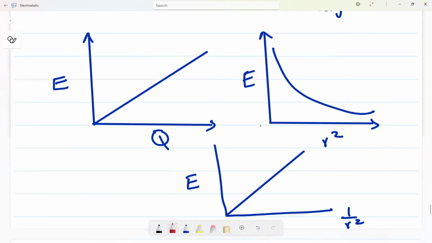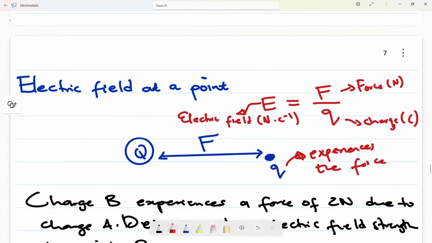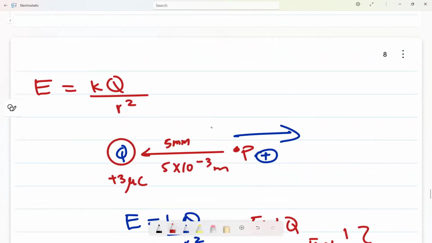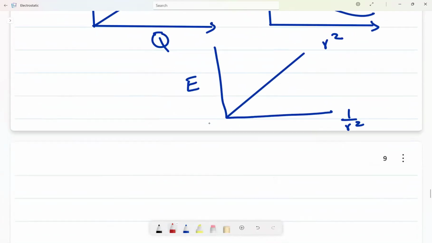So those are the graphs that you should be in a position of knowing. And this one will only be limited to one dimension, electric field.